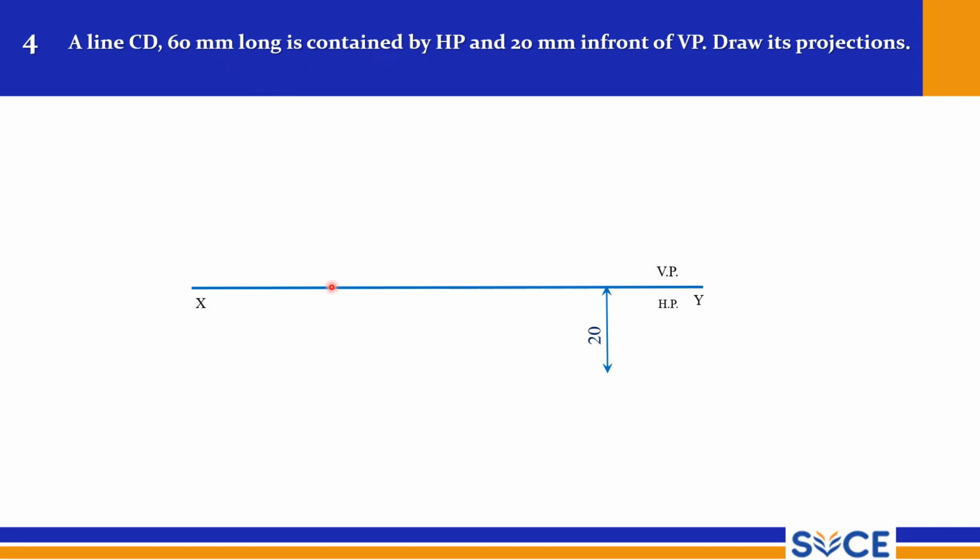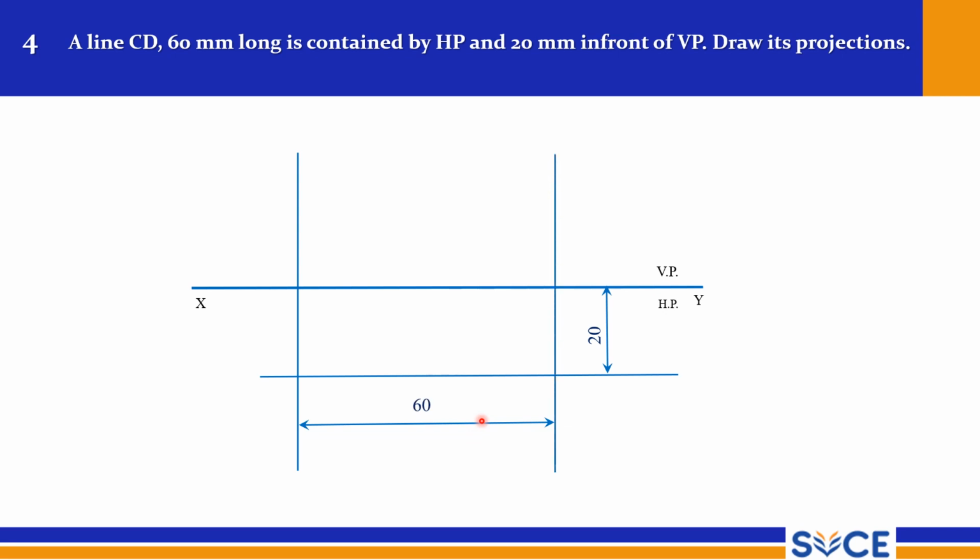So the front view is obtained on HP itself, on the XY reference line in this case, whereas the top view is obtained at 20 mm in front of VP. At 20 mm you draw a thin line and first draw the skeleton, and the line is 60 mm. At 60 mm you draw one more projector. So this becomes your A dash.